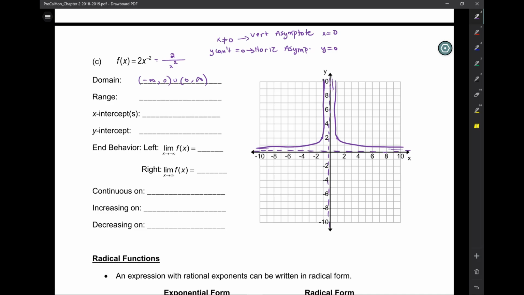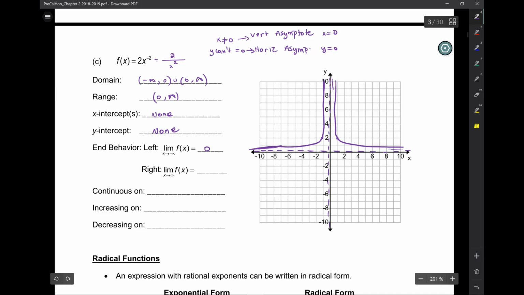Okay, so what's the range here? 0 to infinity, open. No x-intercepts, no y-intercepts. Okay, the left end behavior. What do you think? Somebody tell me. It's going to 0.